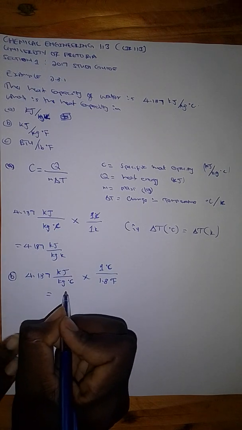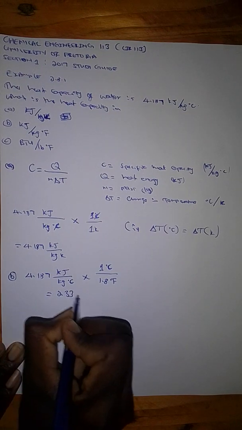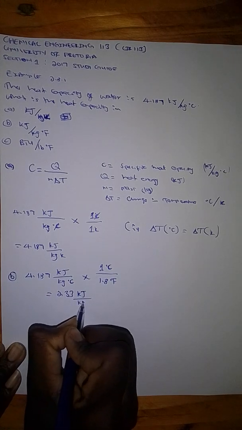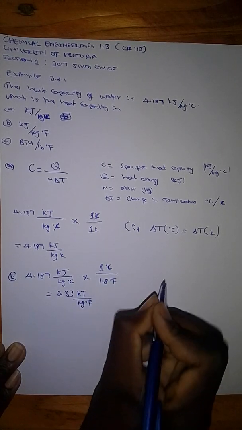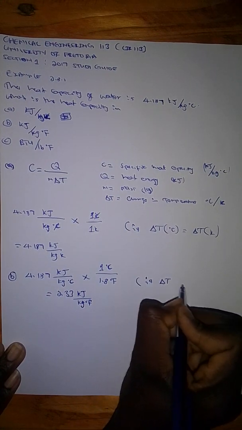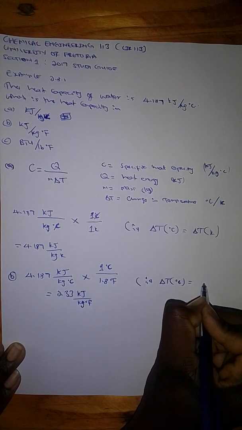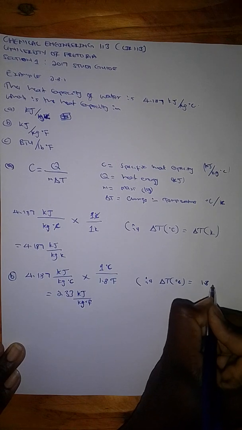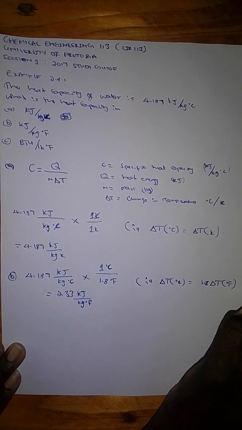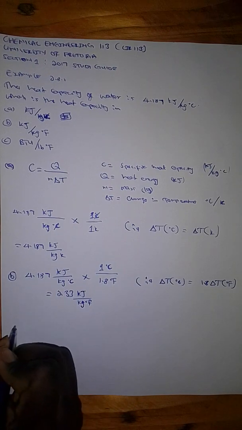This gives us 2.33 kilojoules per kilogram degrees Fahrenheit. Here I also need to write in brackets that the change in temperature in degrees Celsius is equal to 1.8 times the change in temperature in degrees Fahrenheit. That's why we use the ratio of 1 to 1.8. So that's B.